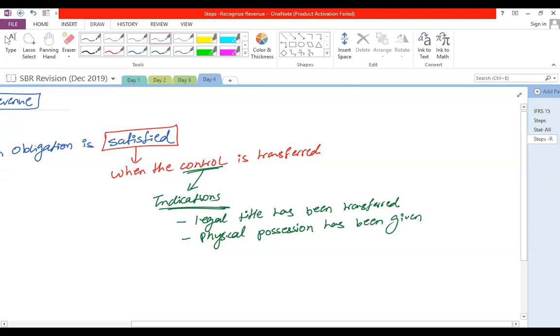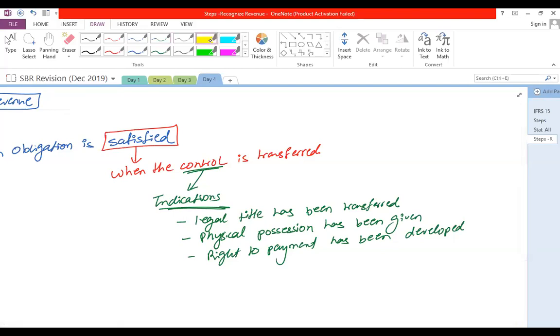Again, this is an indication that the control might have been transferred. And the third is that our right to payment has been developed. If our right to payment has been developed, this again means that the control has been transferred. But do remember, these are not the criteria, these are the indications. Looking at these factors, we need to decide whether the control has been transferred or not.